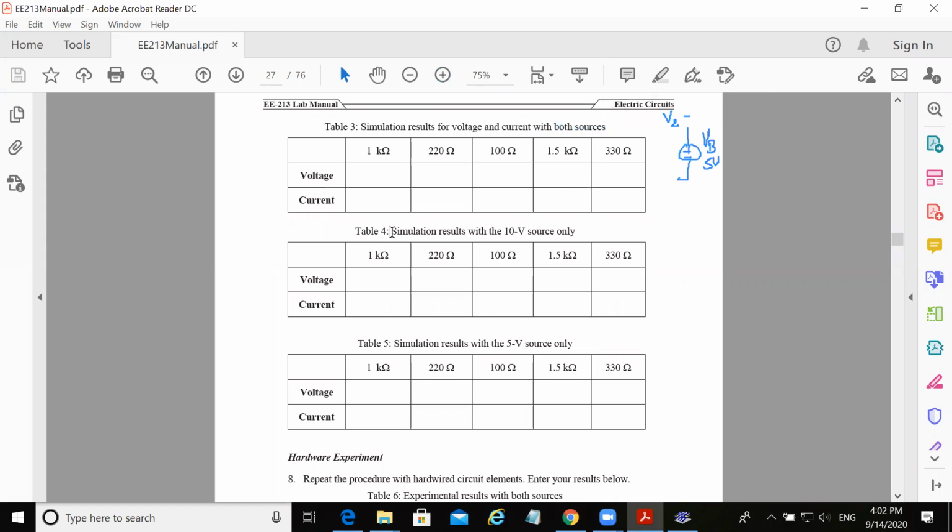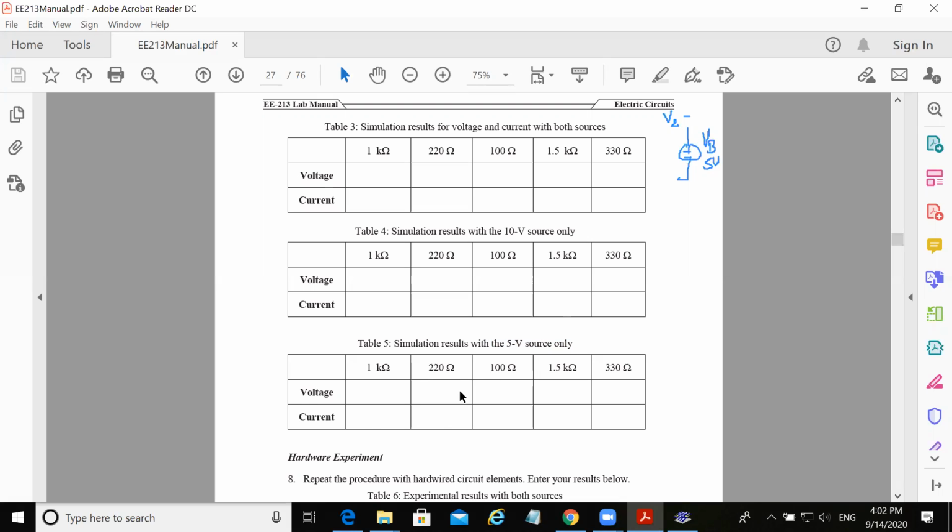Table number 4 is for the simulation results of all of the voltages and currents when only the 10 volt source is active, which means you have to remove the 5 volt source. Similarly, table number 5 is for recording the values of voltages and currents when only the 5 volt source is active.